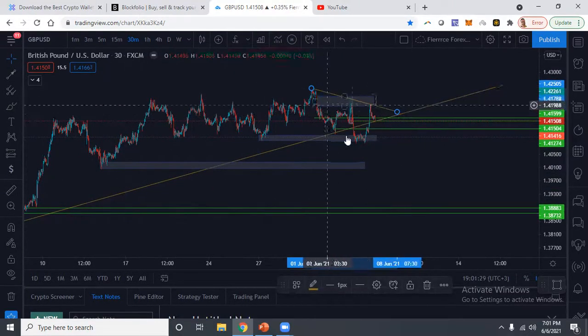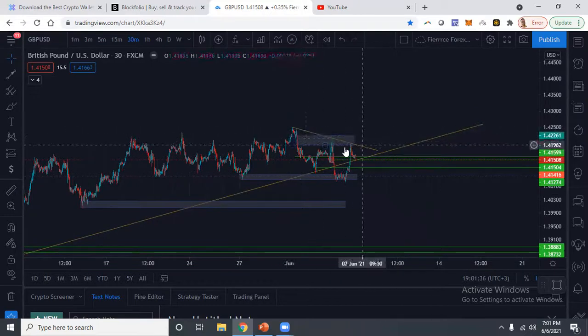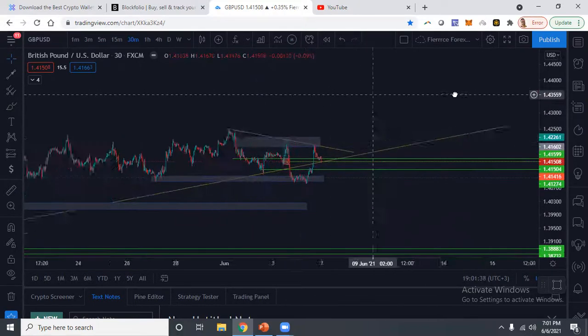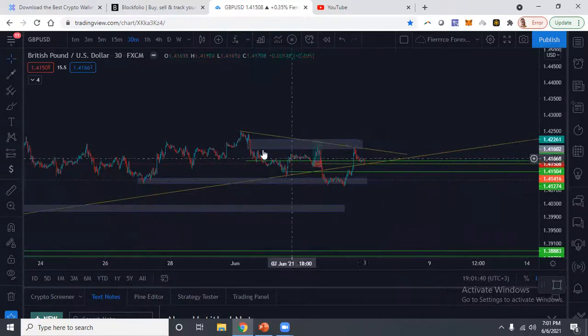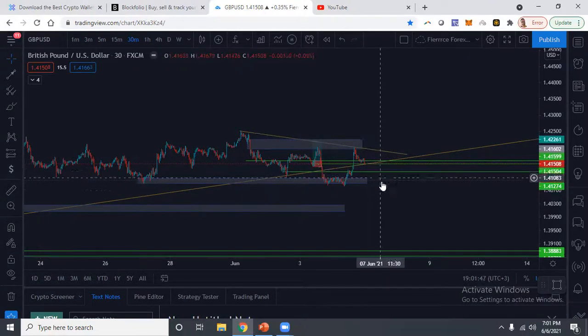And also we can see it's failing to break past this level here. There was a bit of like some supply happening here. It retested the supply zone, came to this demand zone, retested again.